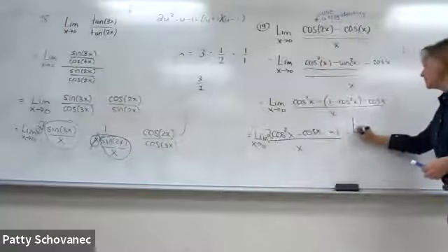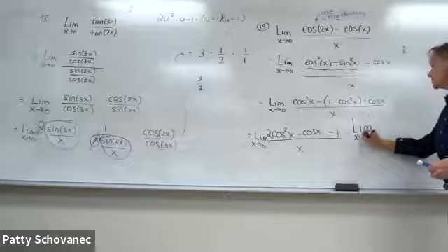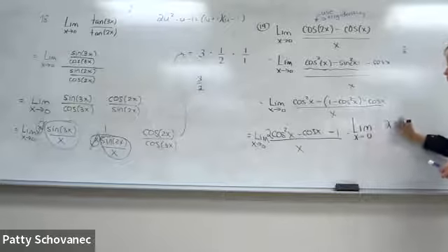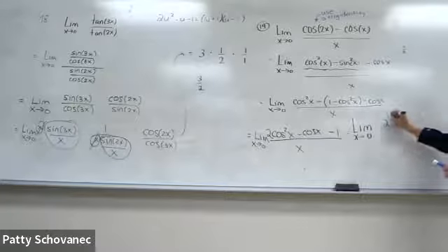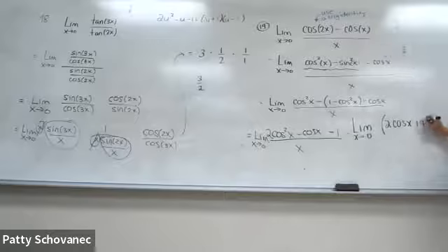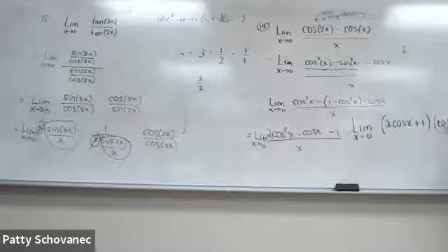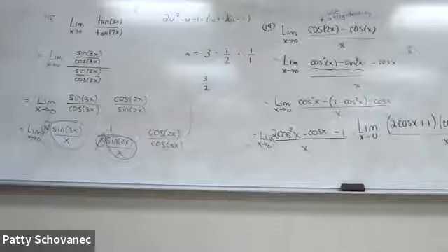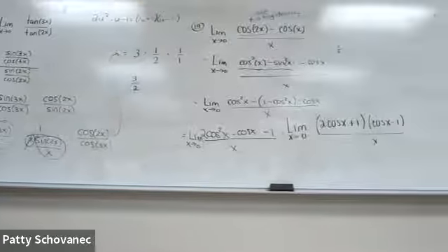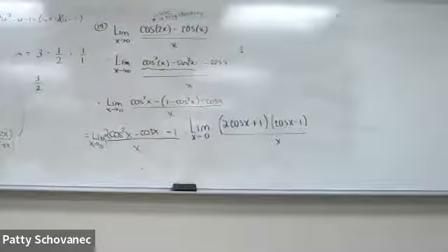So this looks like the limit as x goes to 0 of 2 cosine of x plus 1 times the cosine of x minus 1. Let's see if you can like this next step or not.